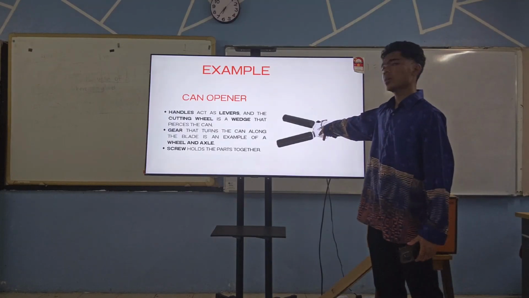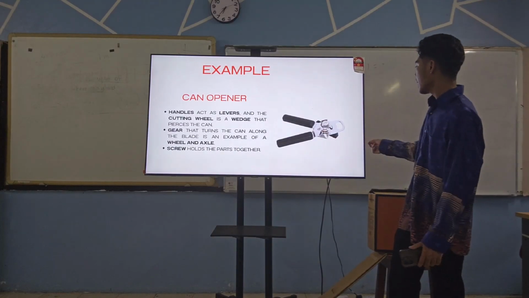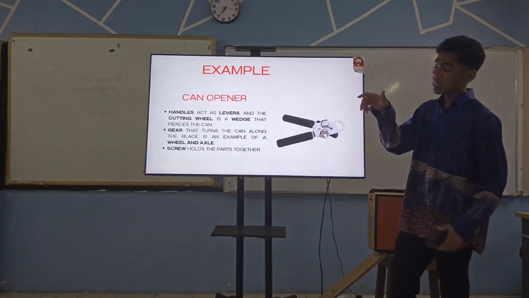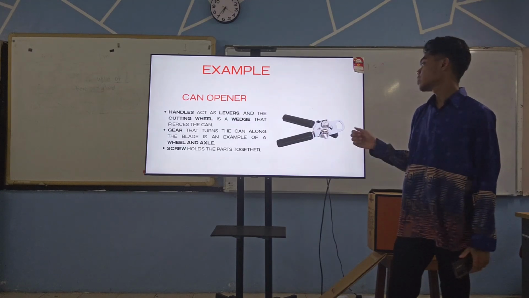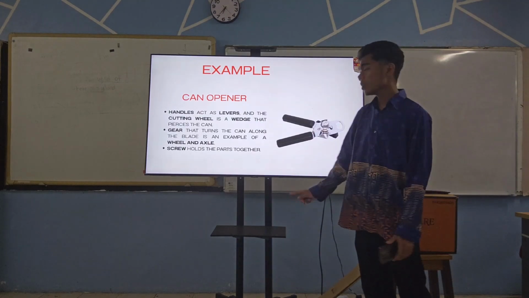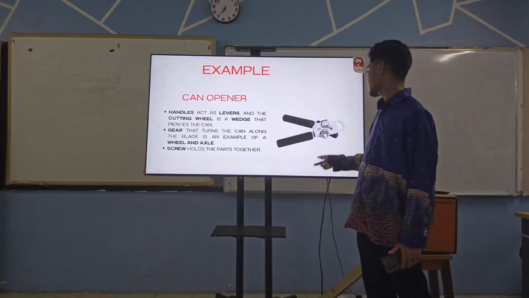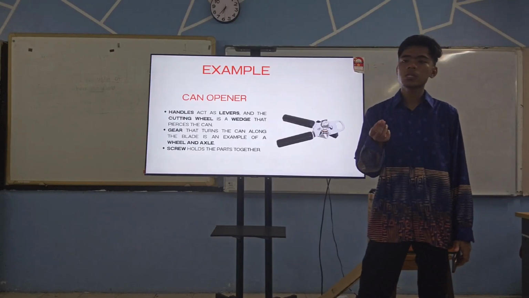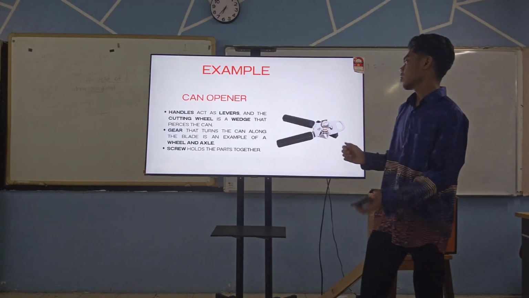The screw, this one, acts as the fulcrum, the middle part of it. And this part, the tip of the can opener, serves as the load. You said lever, which is correct. And the cutting wheel is a wedge that pierces the can, because a wedge in simple terms needs to be sharp, because a wedge needs to penetrate through something.